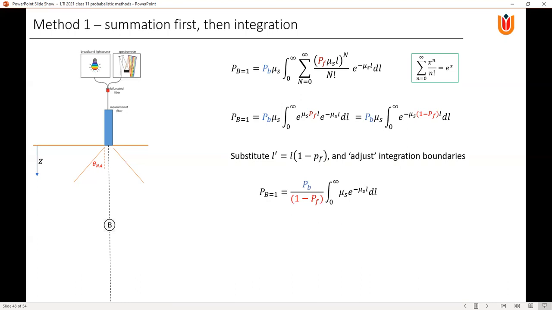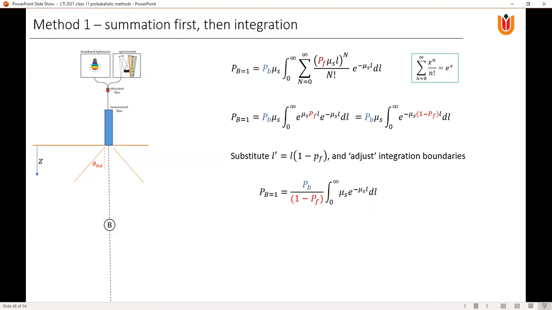And then, of course, this is just a standard exponential integral that we can solve. We can substitute L prime is L times 1 minus PF, and adjust the integration boundaries. That is not really necessary because they run from 0 to infinity, so they keep running from 0 to infinity. That expression there, you recognize as the PDF of path length itself.